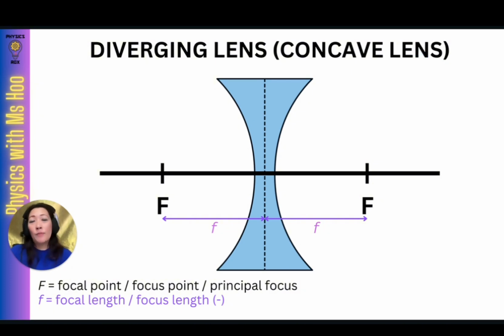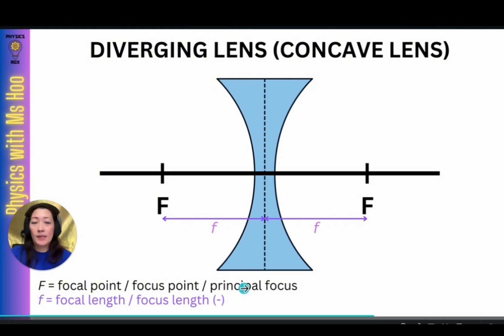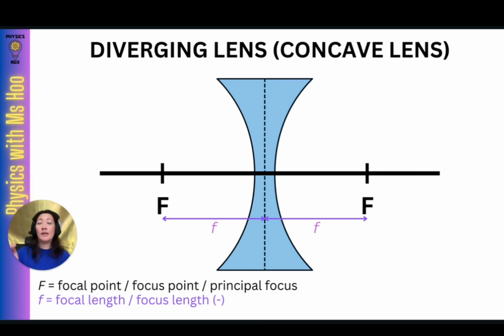As we saw in the previous slide, the focal point was behind where the light rays had diverged. That means when the light rays move forward, the focal point is behind. That's why the focal length of a concave lens has a negative value, opposite to the converging lens. The converging lens that we learned earlier focused forward, that's why it's positive. But for a diverging lens, the focus point was behind, that's why it's negative.